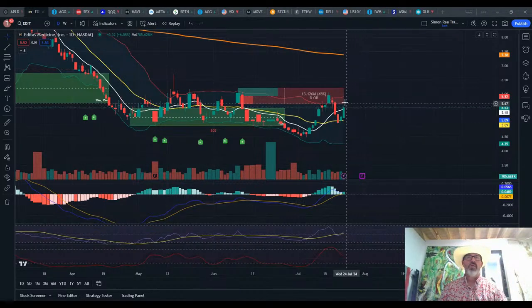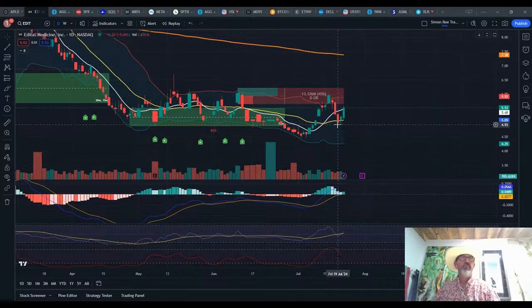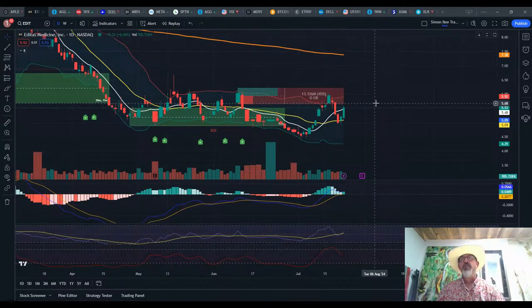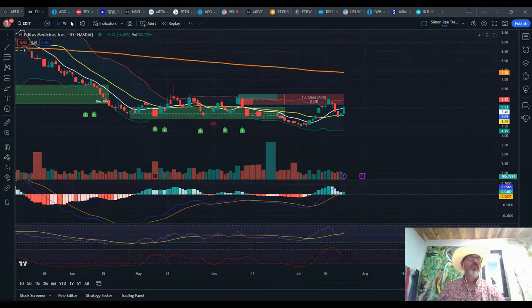So could it be a move higher towards the 200? Possibly. I wouldn't bet the farm on it. Wouldn't write a letter to my mother about it and say, hey, you should check this out at this point. But if Edisys could break the 200, let's look at a weekly.